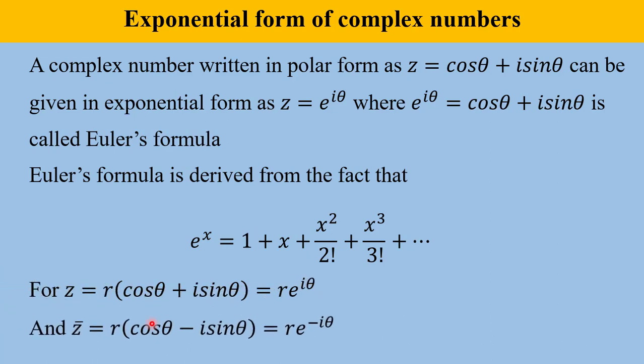Then if the complex conjugate is considered, where there is an imaginary part the sign is changed, and it becomes z bar is equal to r into cos theta minus I sin theta, which is equal to r e power minus I theta.